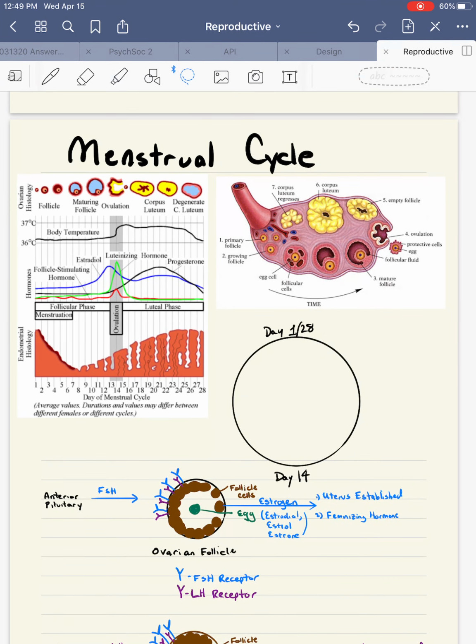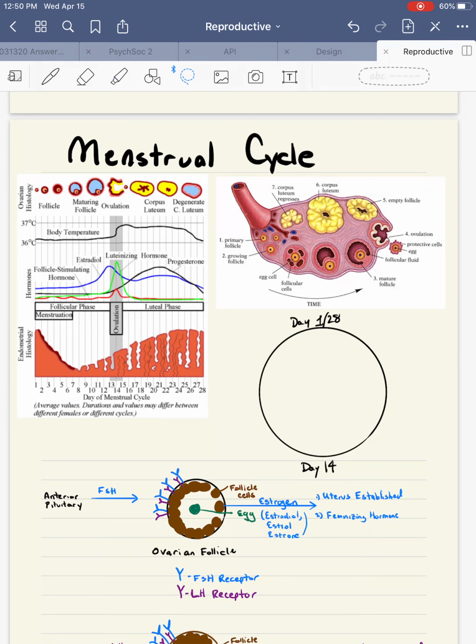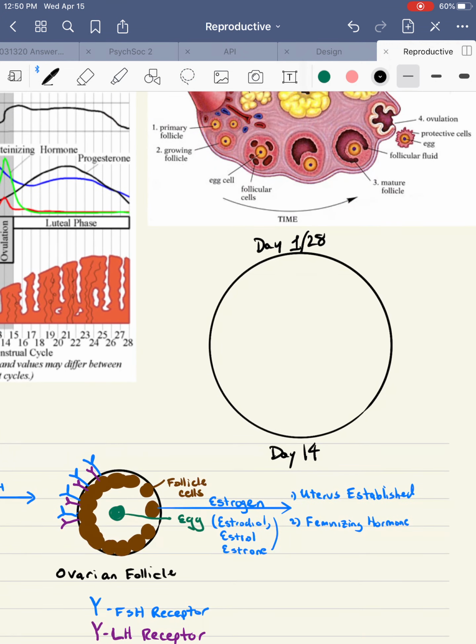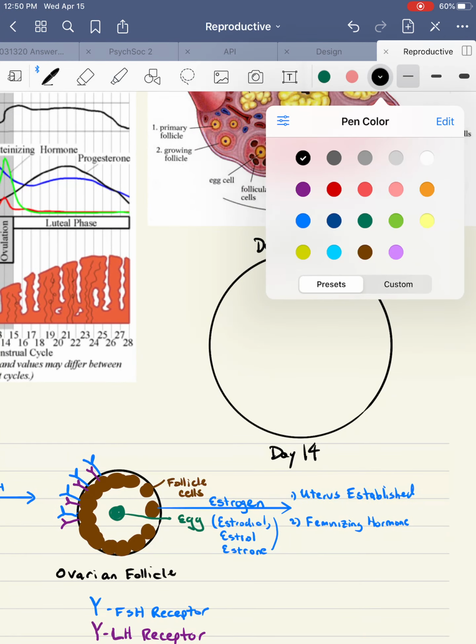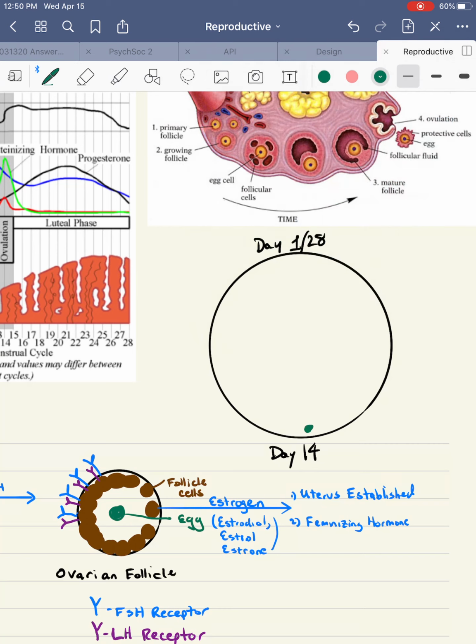At day 14, you have ovulation. That egg gets released. So let's say this is the egg.